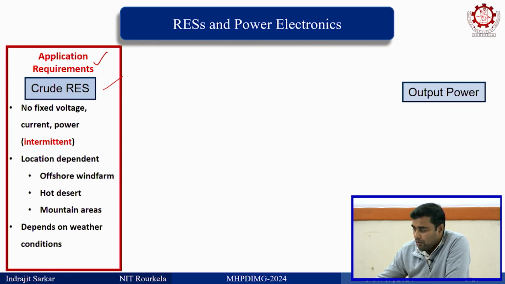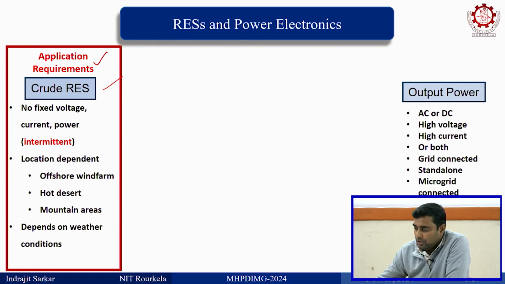From the load point of view, on the output side, in the initial days it was only AC, single-phase or 3-phase AC. Now we are having DC microgrids, and DC charging etc. is also coming up.